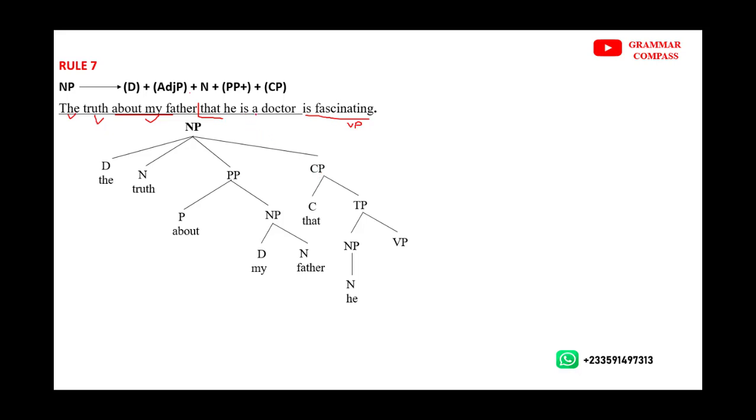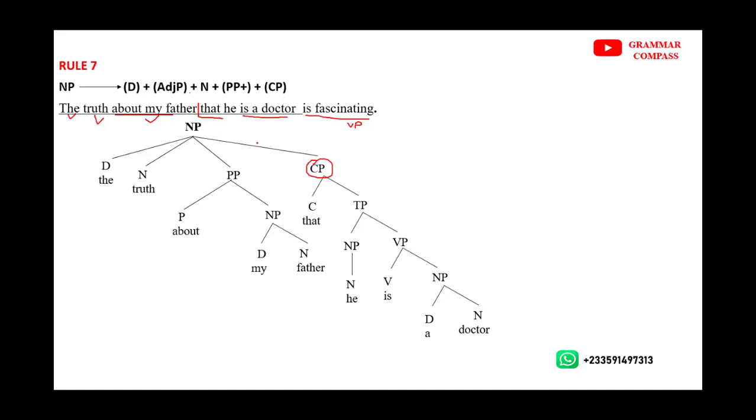Then we have the verb phrase part, which is is a doctor. So is a doctor consists of the verb, that is is, and then a doctor, that is our noun phrase, which consists of the determiner a, and then the noun doctor. So this is the tree that will be generated when we include a complementizer phrase in a noun phrase.